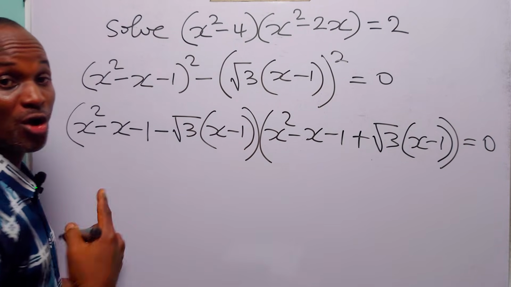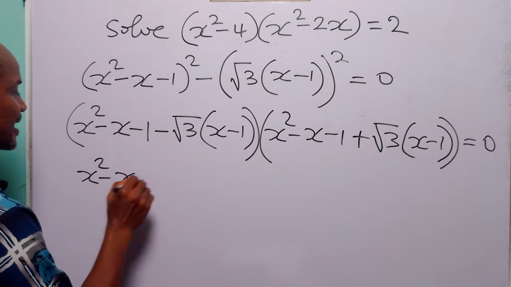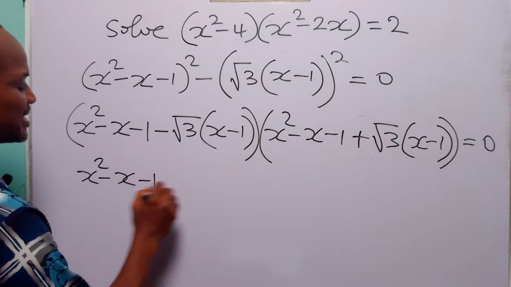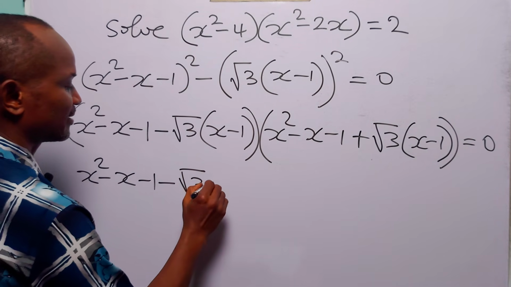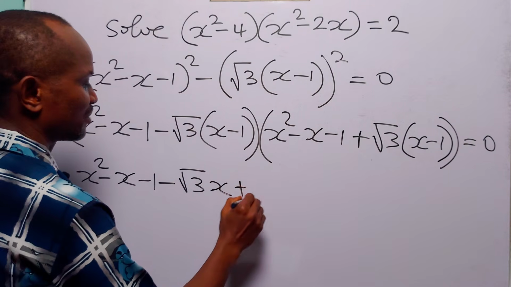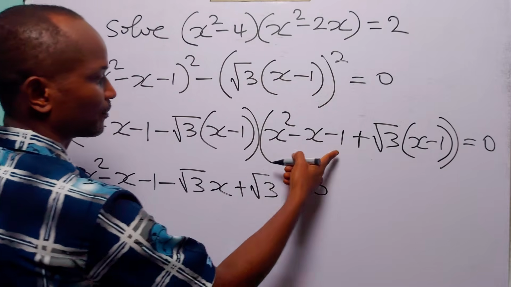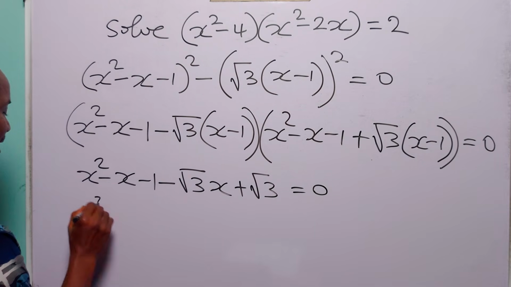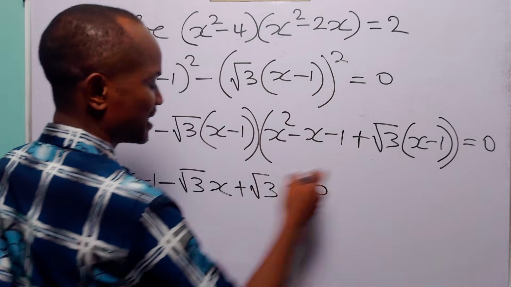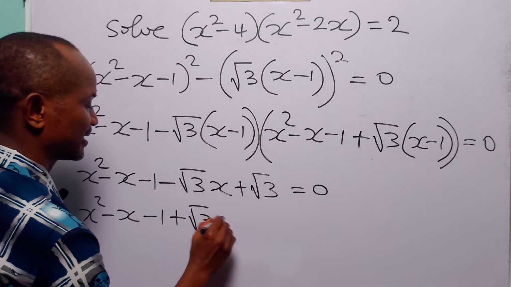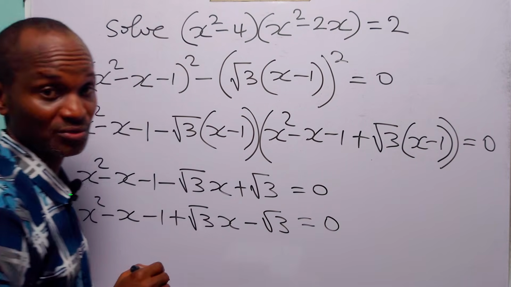Now, from this line, we have that either x squared minus x minus 1, opening this bracket, we have minus root 3 times x plus root 3 is equal to 0, or x squared minus x minus 1 plus, opening this bracket, we have root 3 times x minus root 3 is equal to 0.